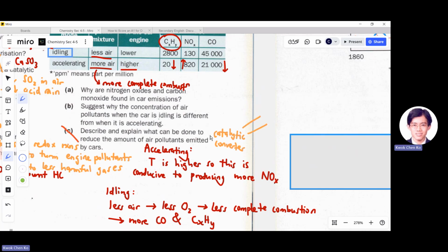Make sure, well, you don't know how many marks this is, so to be sure, you have to explain what happens to hydrocarbons, what happens to NOx, and what happens to CO. You should be able to get the marks for this question. Okay, all this should be in your head already.